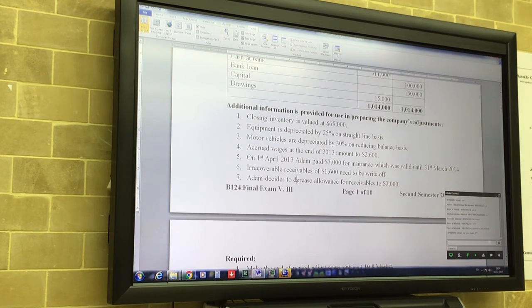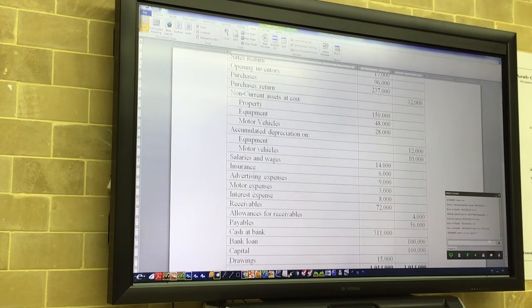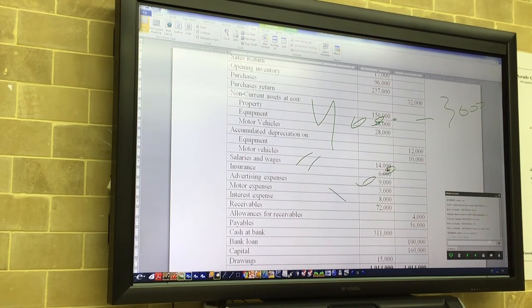When he said decrease, what will you do? You will find the balance. Allowance for receivables is 4,000, so 4,000 minus 3,000, the difference will be 1,000.